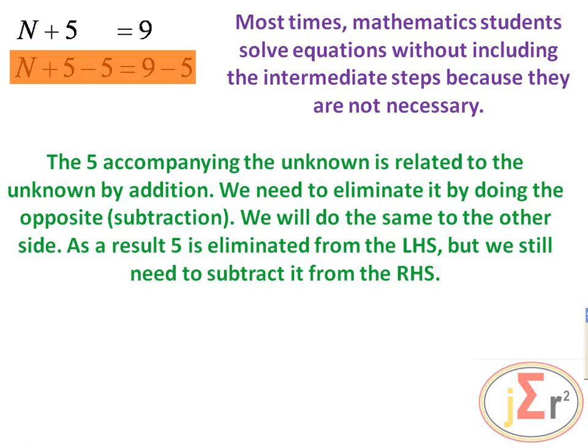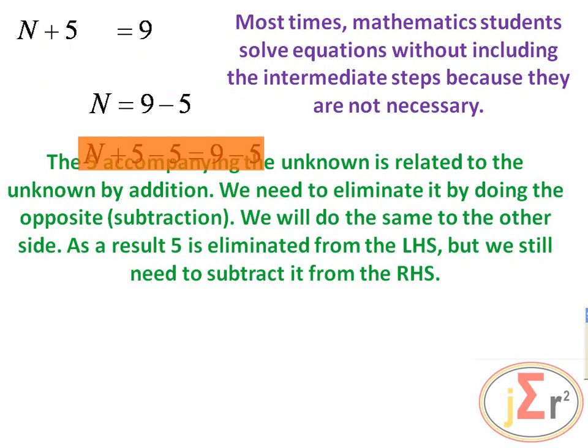As a result, 5 is eliminated from the left-hand side, but we still need to subtract it from the right-hand side. So what happens? N is equal to 9 minus 5, which is equal to 4. So the intermediate step is gone.